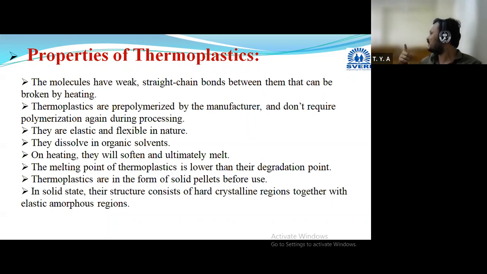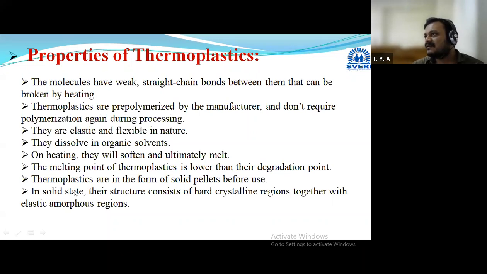Understood? Before it completely vanishes, it melts. But in case of thermosetting materials, its melting point is higher than the degradation point. Means before reaching the melting point, that material will get vanished. Before melting, the thermosetting material is destroyed.